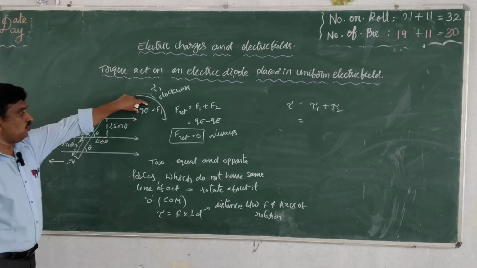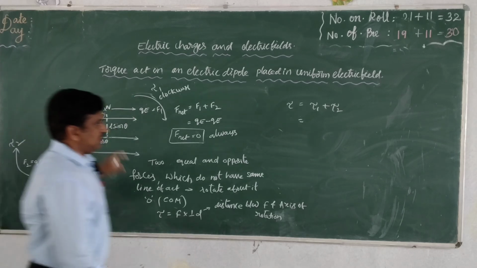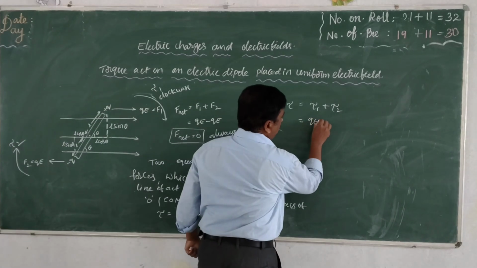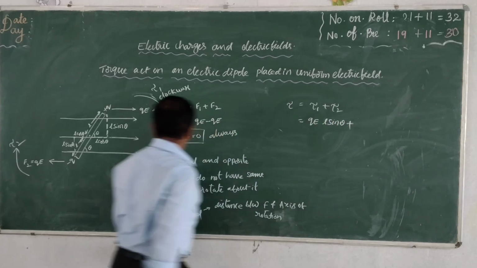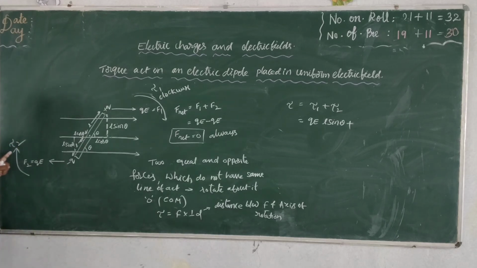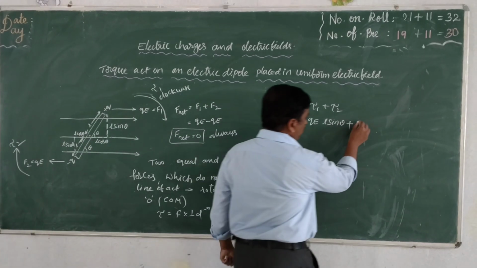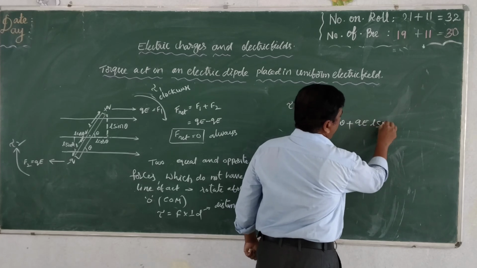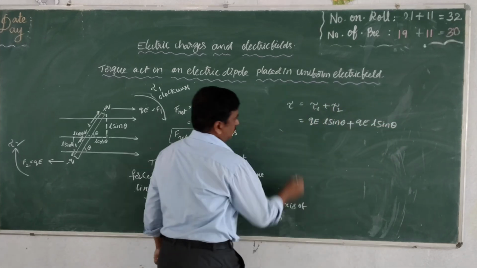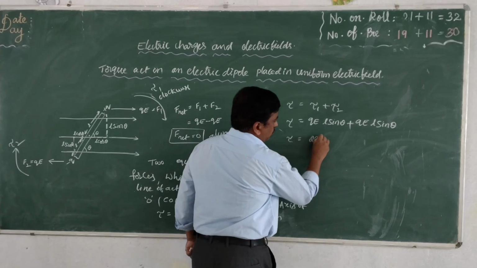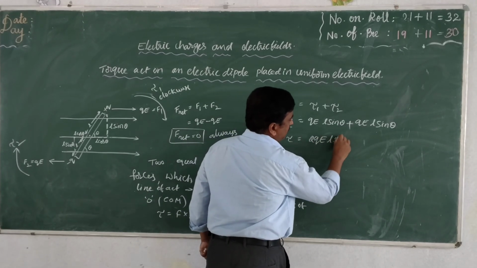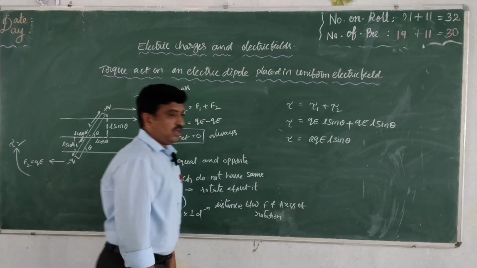The force is QE, the perpendicular distance is L sin theta, so I write QE L sin theta. Tau 2: the force is QE, the perpendicular distance is L sin theta, so QEL sin theta. Adding, total torque equals 2QEL sin theta.